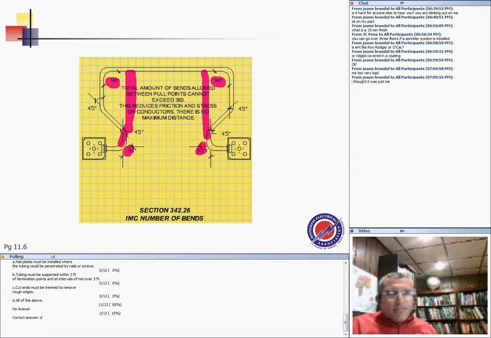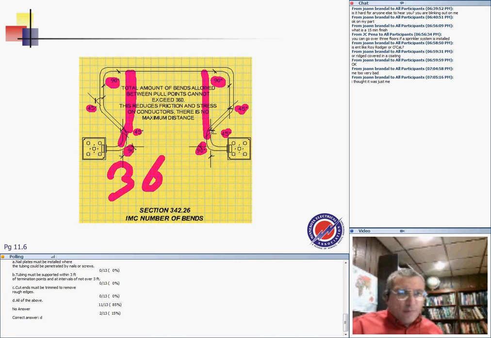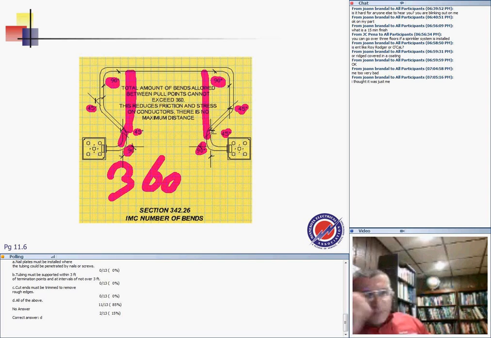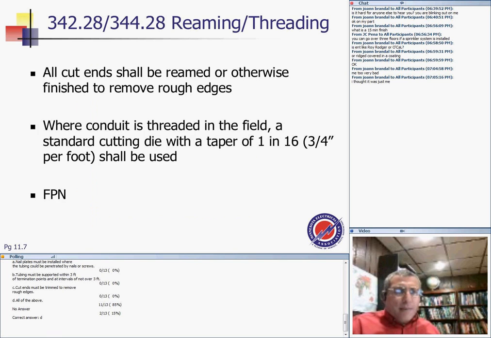We're going to do what I said: ignore just the 45 here. So 90, 90, 90, 90, four 90s, 360 degrees, perfect. No more than that, for any conduit, not just this conduit, any conduit.